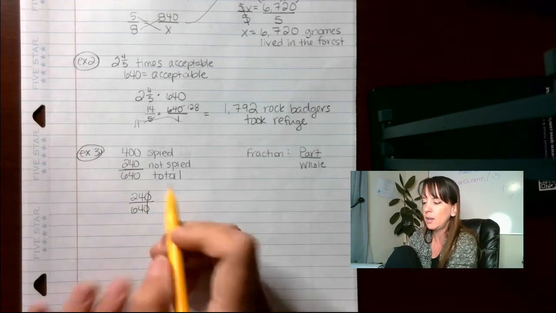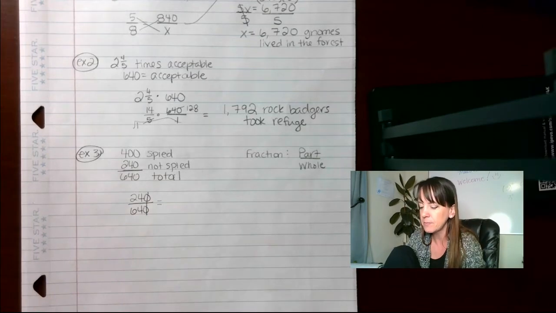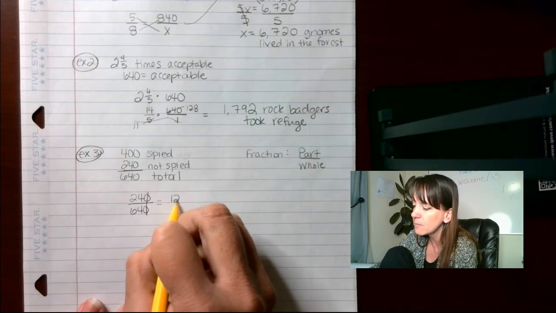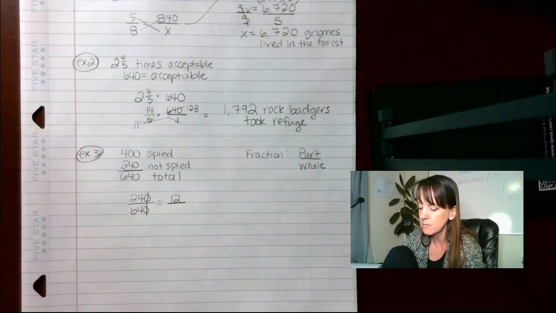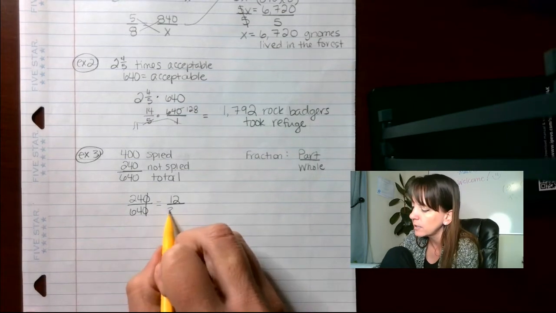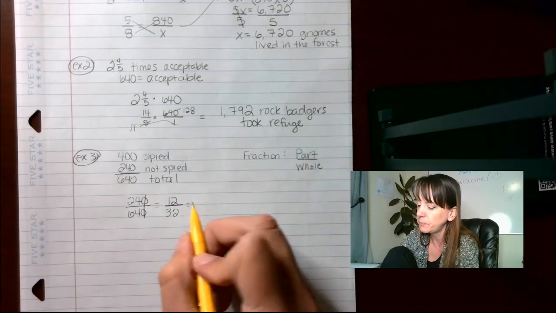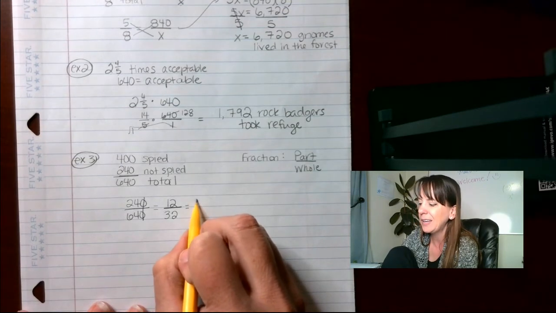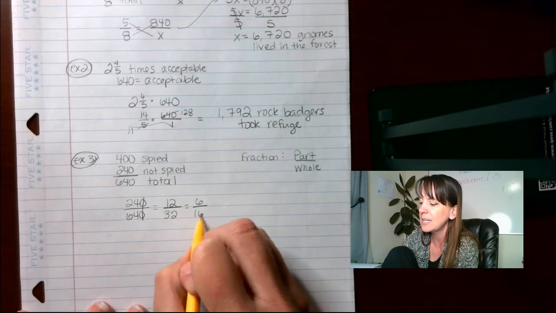So cut those in half, we get 12 over 32. I don't know why I had to do that. Cut those in half again, you get 6 over 16, cut them in half again.